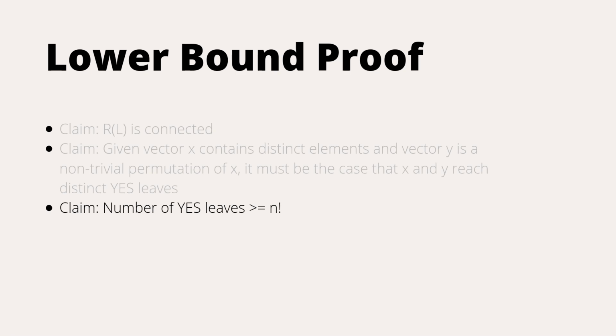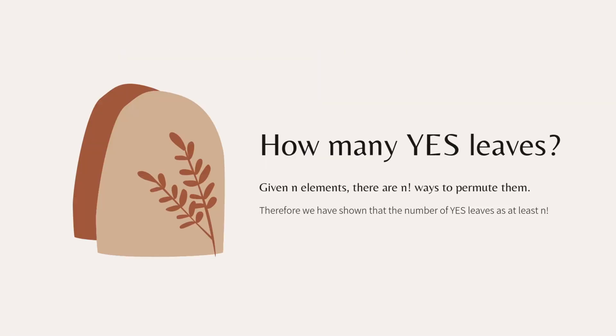And we will conclude our proof by showing the number of yes leaves is at least n factorial. So how many yes leaves can we have? Given n elements, there are n factorial ways to permute them. There are n factorial different ways to order those elements. Therefore, we have shown that the number of yes leaves is at least n factorial.